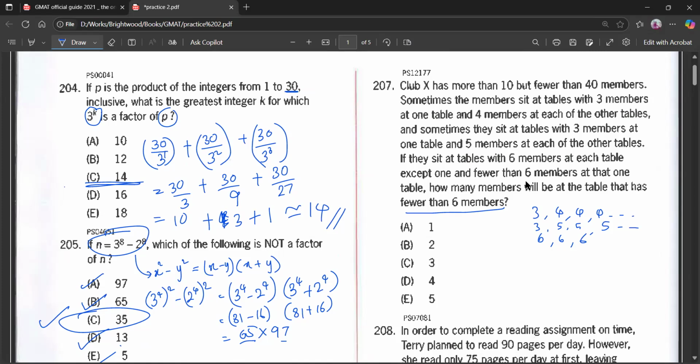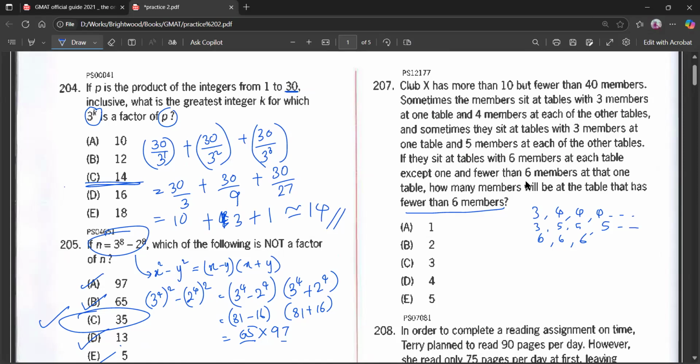How to take it? n could be something like 23, maybe. Yes, it may be 23. 43 is like that too, but 43 is not there.